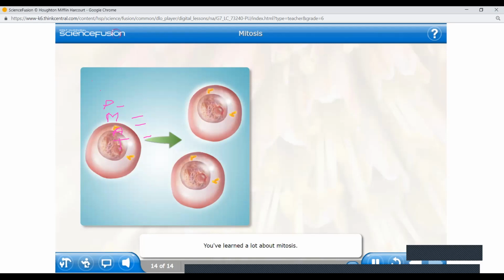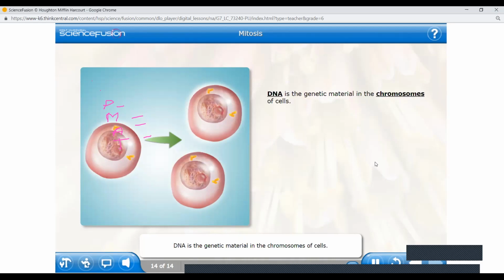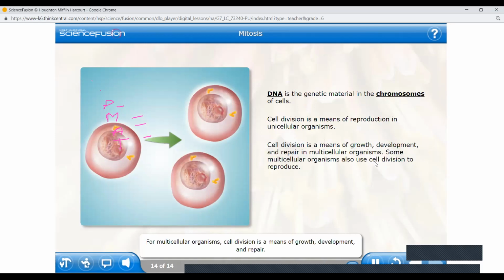You've learned a lot about mitosis. Before we finish, let's take a quick look at the main points you covered. DNA is the genetic material in the chromosomes of cells. Cell division is a means of reproduction in unicellular organisms. For multicellular organisms, cell division is a means of growth. You must know why cells divide: growth, repair, and reproduction.